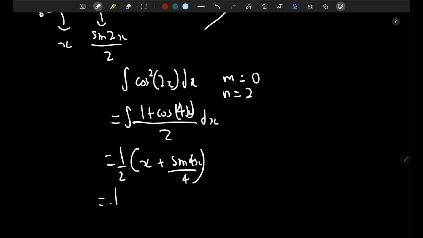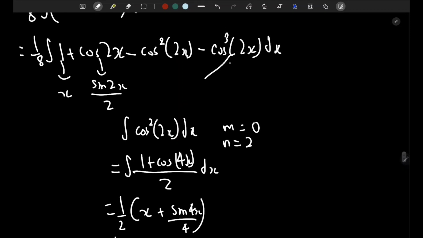We can expand this and keep the final answer as half into x plus sine 4x over 8. And let's now move on to the next integral, which is cosine cubed 2x. And remember that I did not take the sign here of the negative, and not even here.